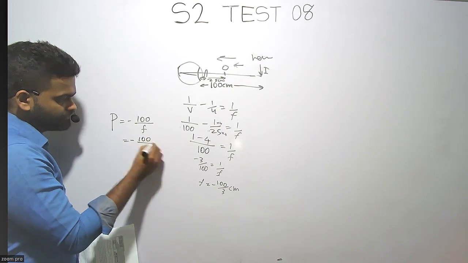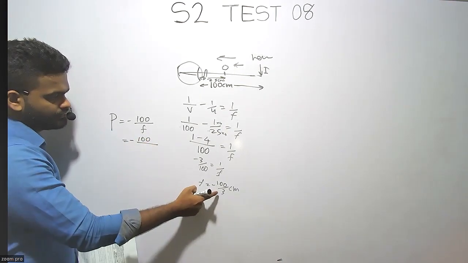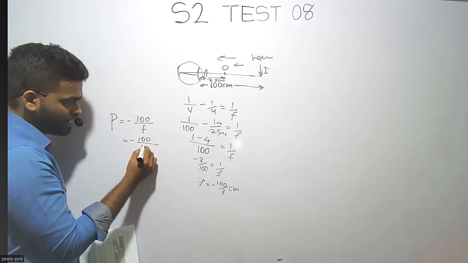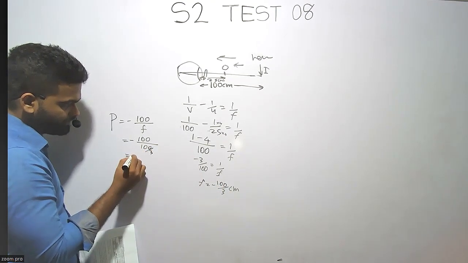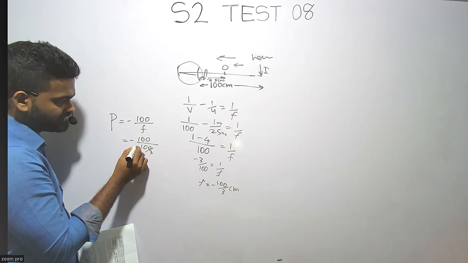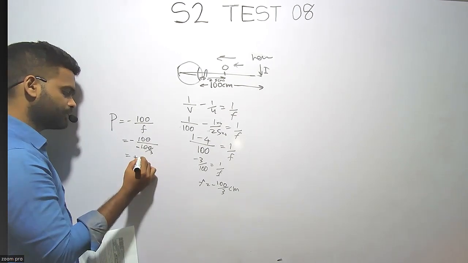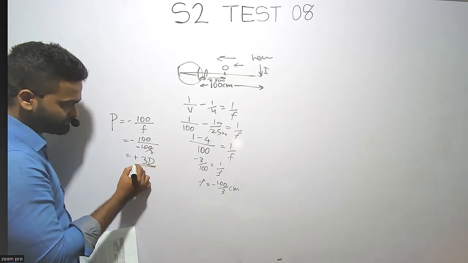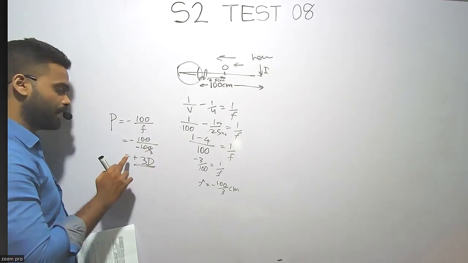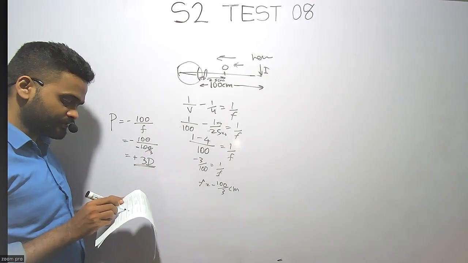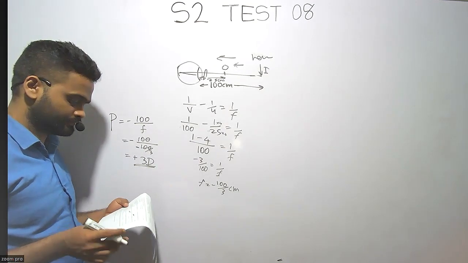So minus 100, focal length is in centimeters. So 100 divided by 3. So we have minus here, minus minus plus. 100 cancels off, 3 goes up, 3 diopters. Get it? So the power of the lens is plus 3 diopters. The answer is third one.